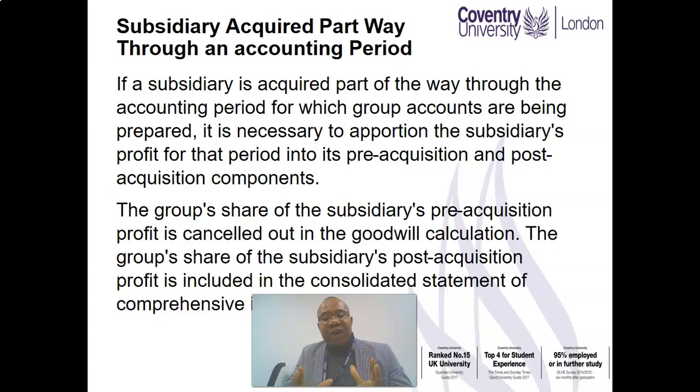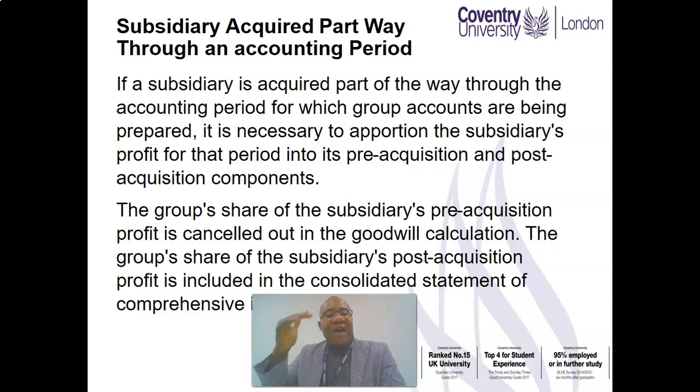So when we prepare the consolidated statement of comprehensive income, we will add the items on a line-by-line basis, beginning with revenue. We'll take the revenue of the parent plus 9/12 of the revenue of the subsidiary, because we've only got the subsidiary for 9 months. We will also take the cost of sales of the parent plus 9/12 of the cost of sales of the subsidiary.